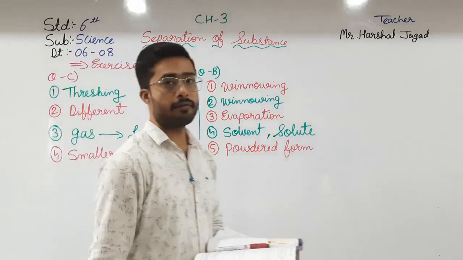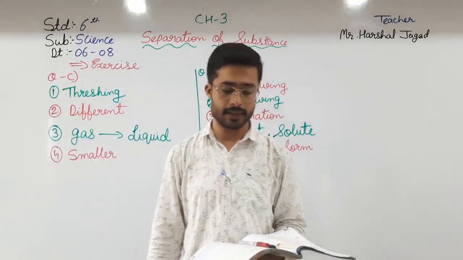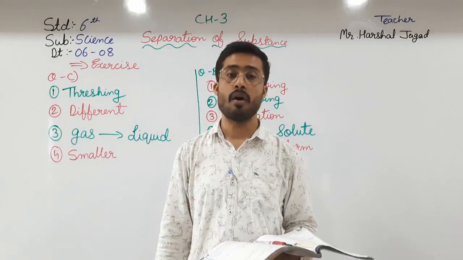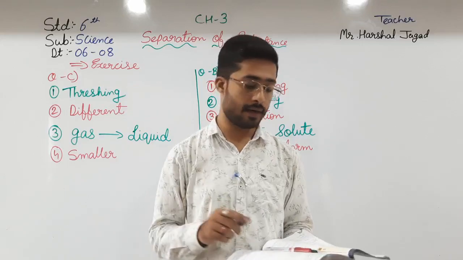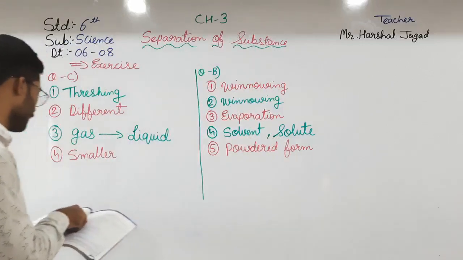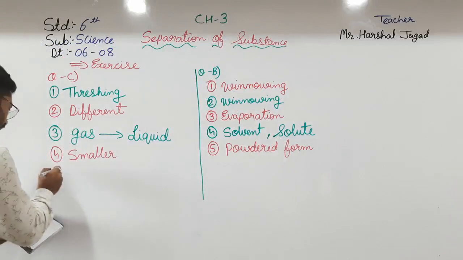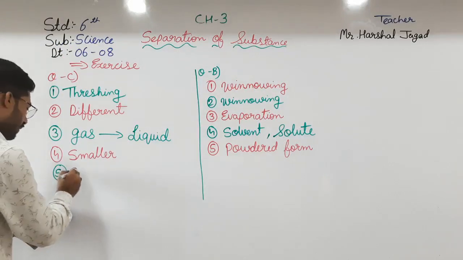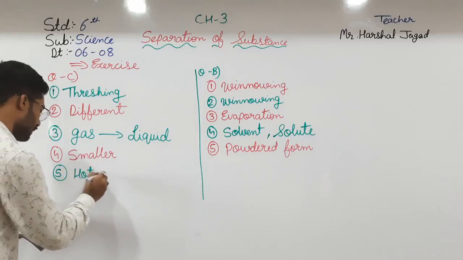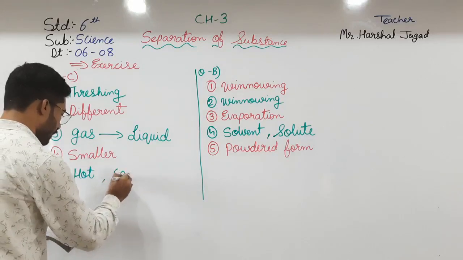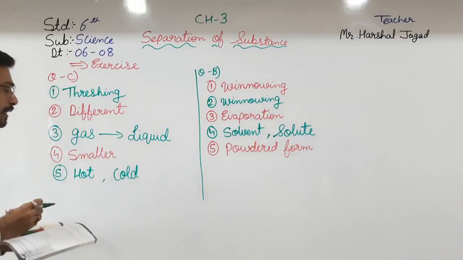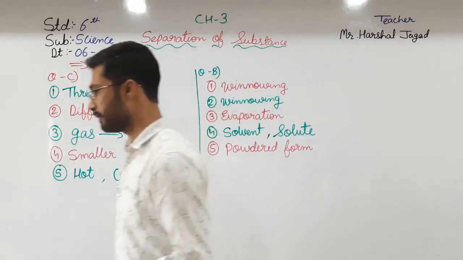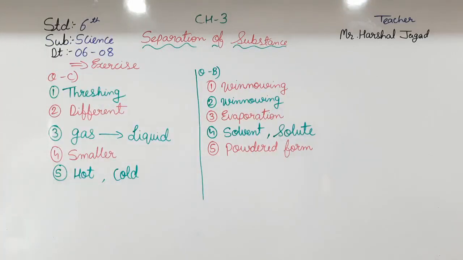Then the fifth one: it is easier to dissolve sugar in cold milk as compared to hot milk. So here it will be the opposite. Fifth one: it is easier to dissolve sugar in hot milk compared to cold. Okay, so this is the answer. You just write down this. I am giving you some time.